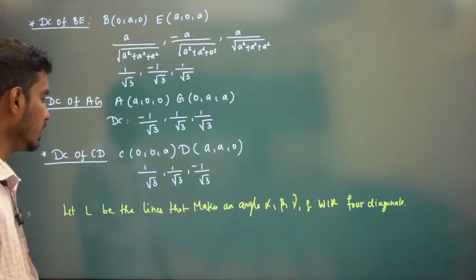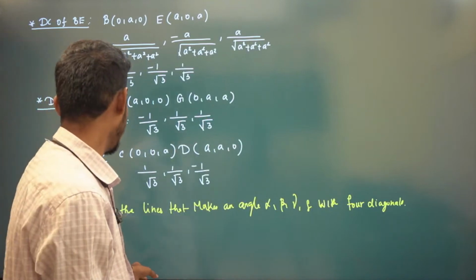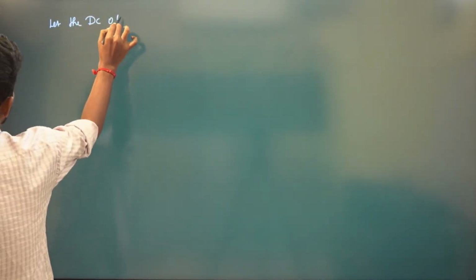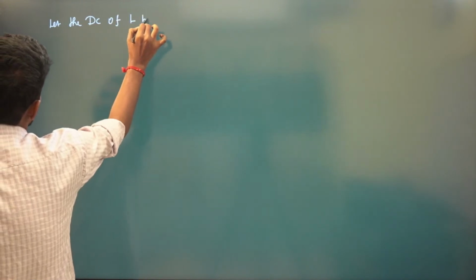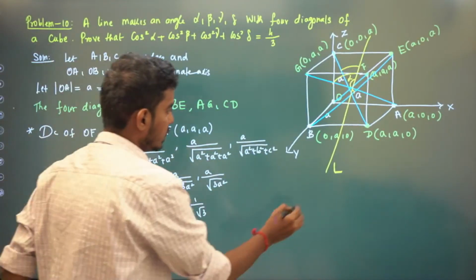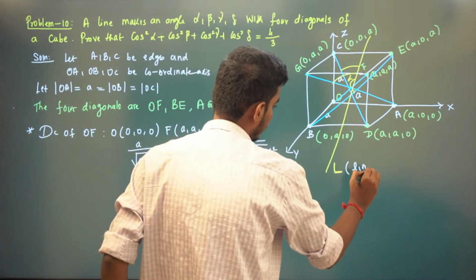Let us assume that this line has direction cosine l comma m comma n.